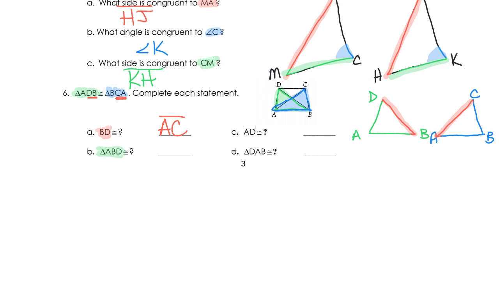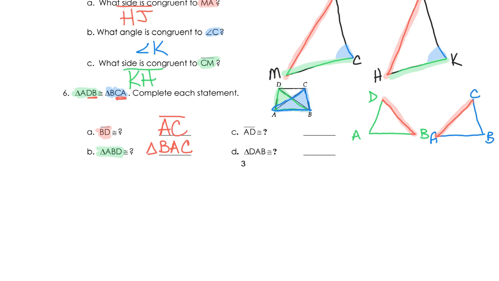All right, so because they said A matches in our blue triangle with B. B in our green triangle matches with A, and D in our green triangle matches with C. And so when they say triangle ABD, I have the matching letter order for the other triangle called triangle BAC.